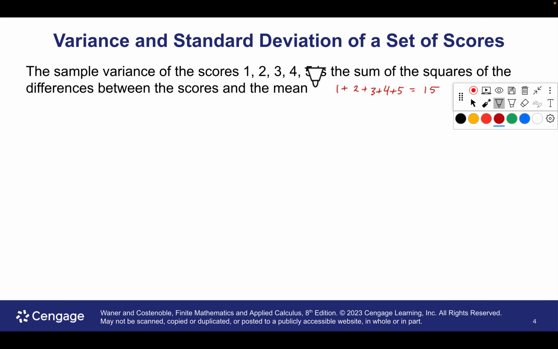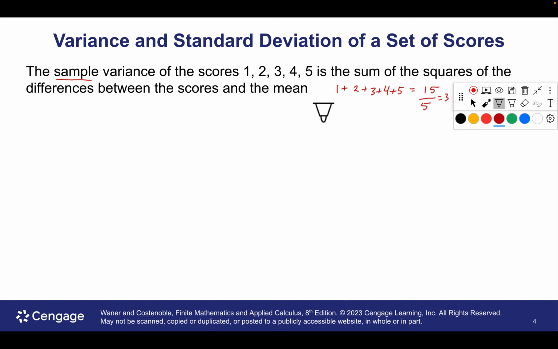There are 5 items, but they told us it's a sample, so do we divide by 5? No. Oh, wait. For the mean, we do. Sorry, it just confuses us, right? So for the mean, we divide by 5, and that gives us a mean of 3.